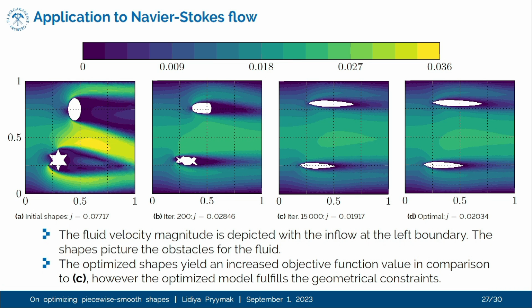You may wonder why it goes up from C to D, but we also have to consider that the optimal shapes fulfill the geometrical constraints, while the one in C does not yet. Okay, so these are numerical results.